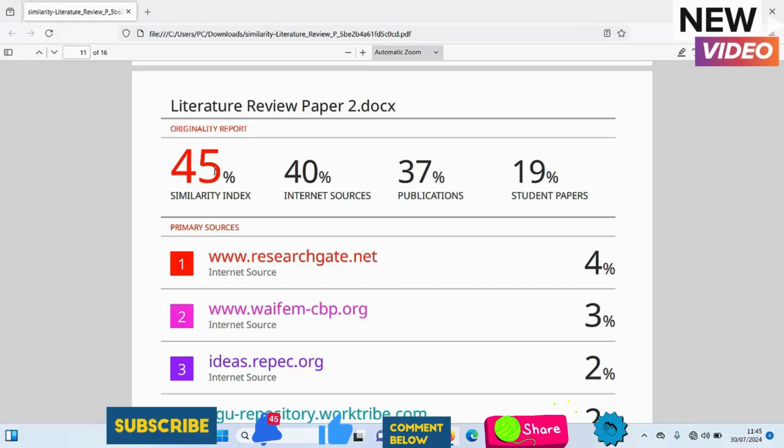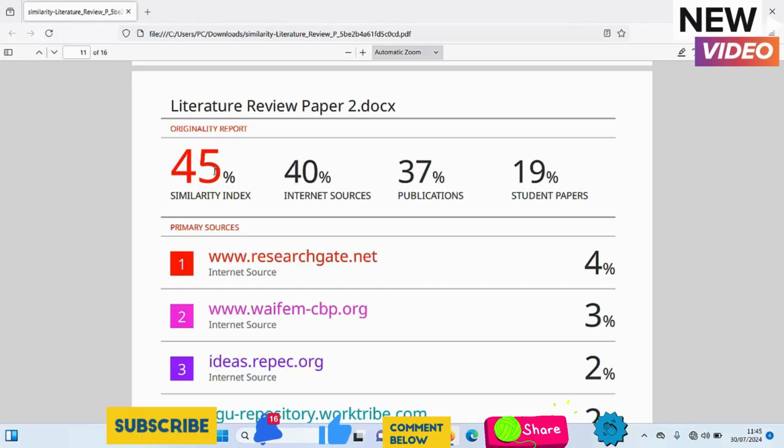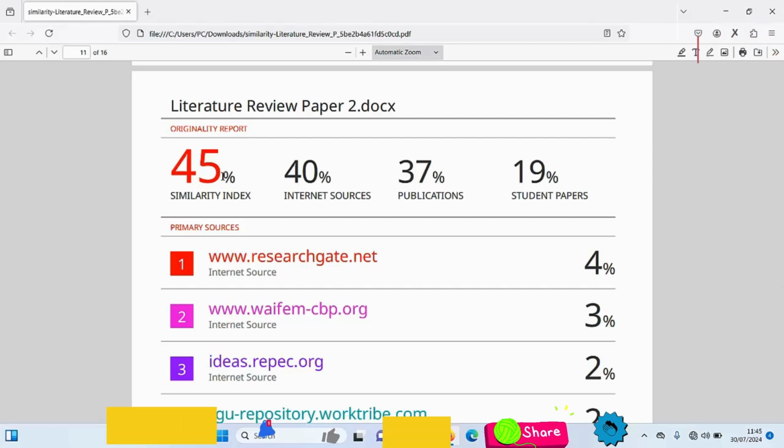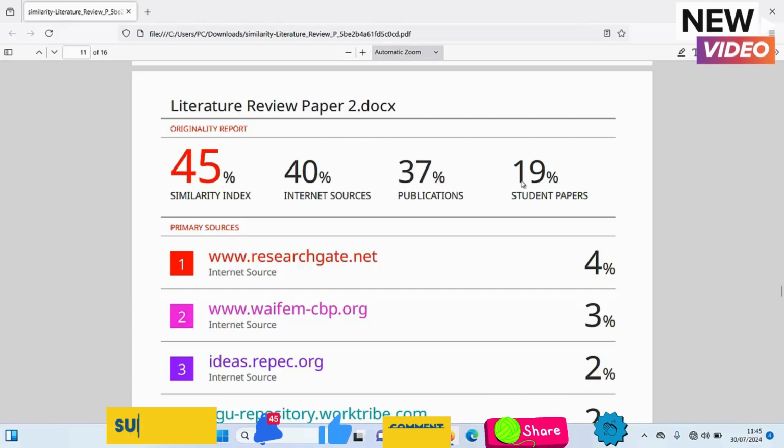There are institutions that use 25%, some use 15%. I will explain why later. So what should be your focus is how to reduce this particular 45% to something below 30% or 20%.